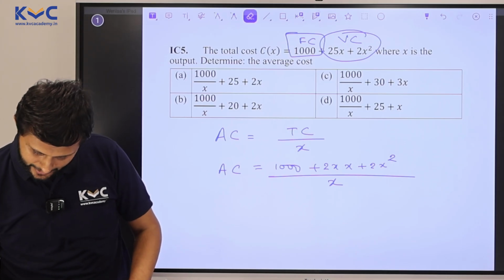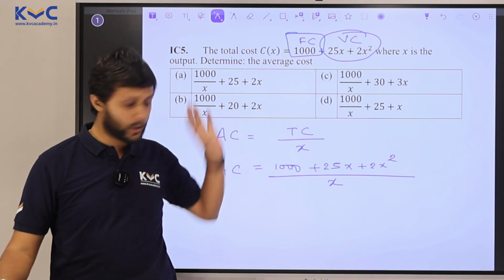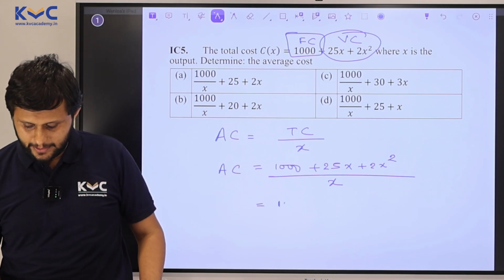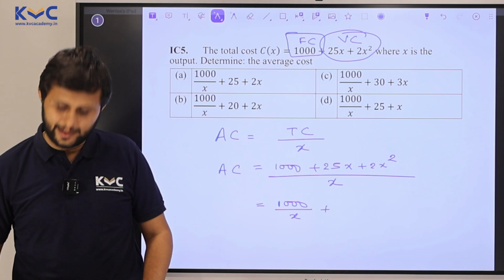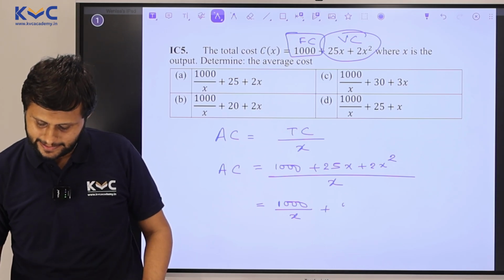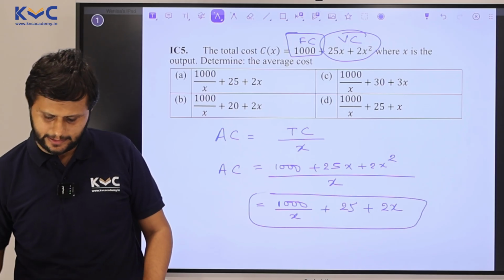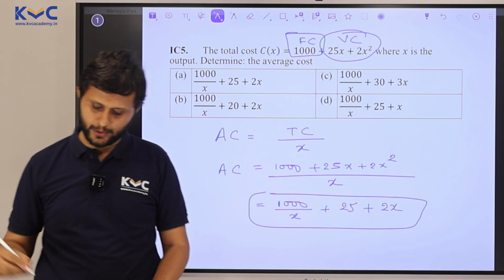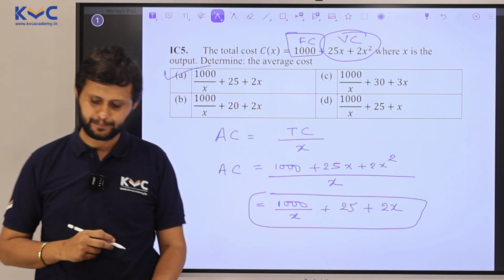Now we'll simplify this further to just match what is given in the options. We can split this as 1000 divided by x plus 25x by x, and x cancels, so 25 remains, plus 2x square by x, one x cancels, and you get this as the answer, which is there in the options. That's right, that's option A.